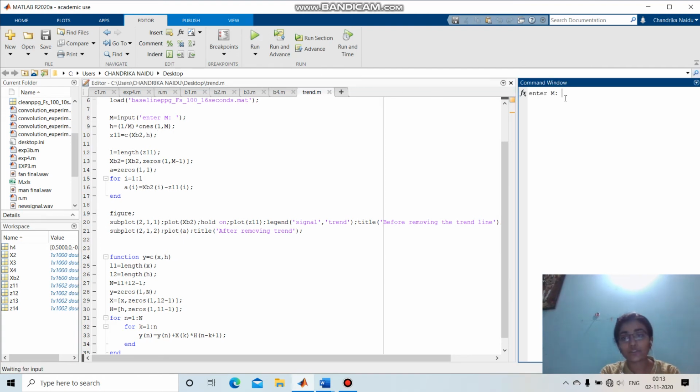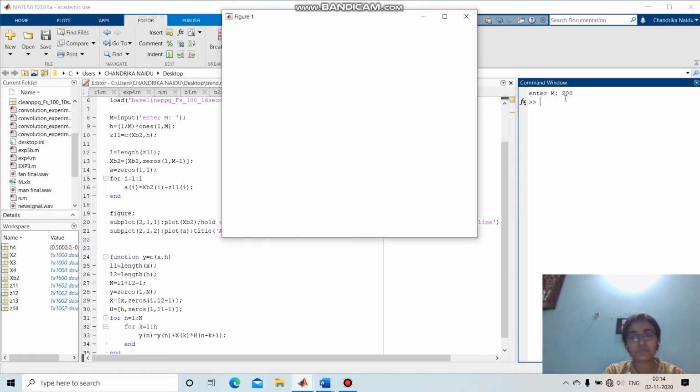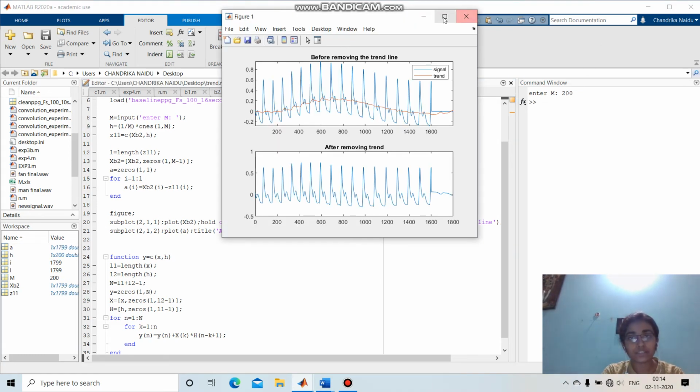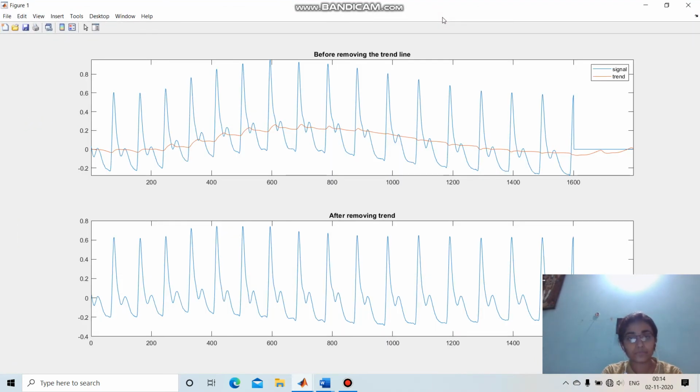It is asking the value of m. So if you give m's value as 200, see, you're getting the signal. All of them are not in the same range, but they have come together in a single line.